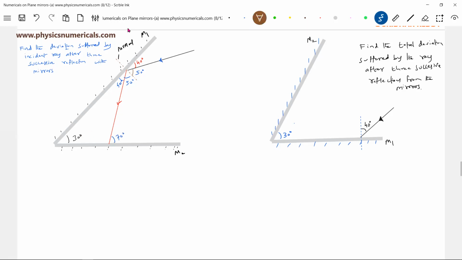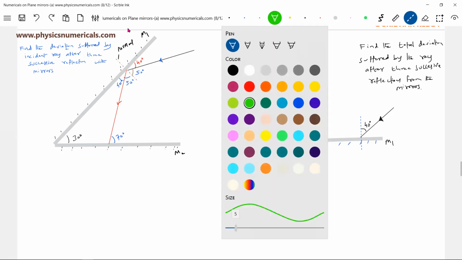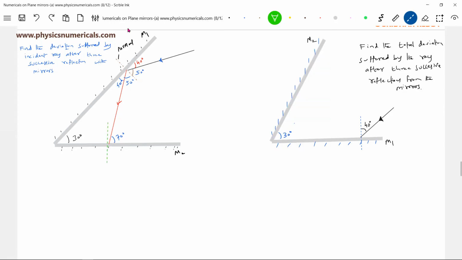Okay, now we'll go for the normal. Getting the normals is very important. Okay, what can be this other angle? This other angle should be 20.